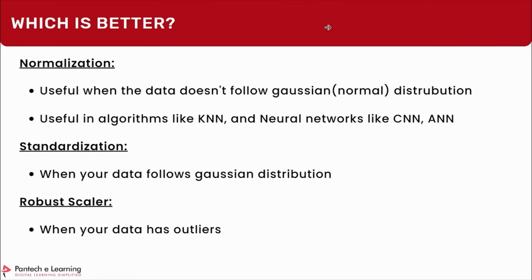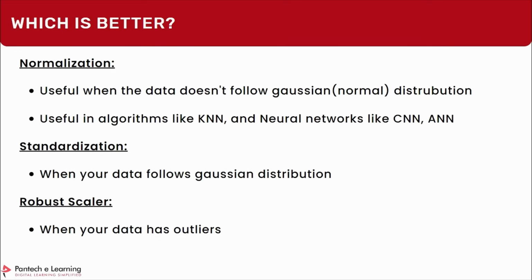And talking about which is better and when to use it: normalization is useful when the data doesn't follow a Gaussian distribution. Gaussian distribution is like you will be having a mean value of 0 and a standard deviation of 1. That will be coming under a Gaussian or normal distribution. Actually, it will look like a bell-shaped curve. You can examine it. We'll be discussing Gaussian distribution later. So if your data is not in the shape of a bell-shaped curve when you plot and see it, then you can proceed with normalization.